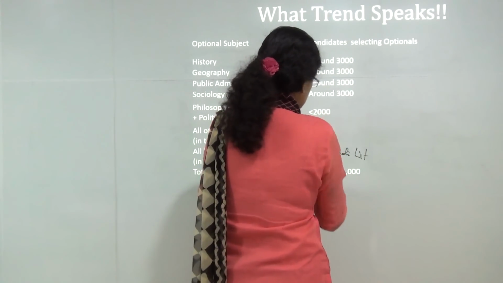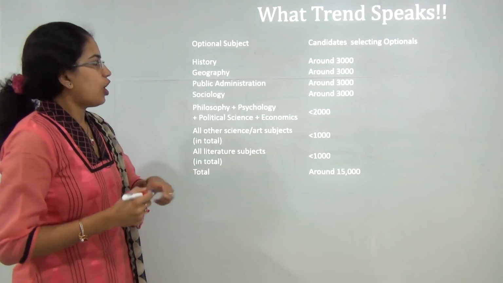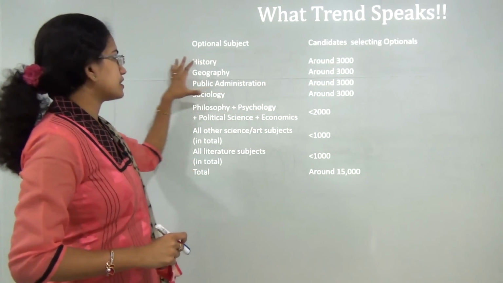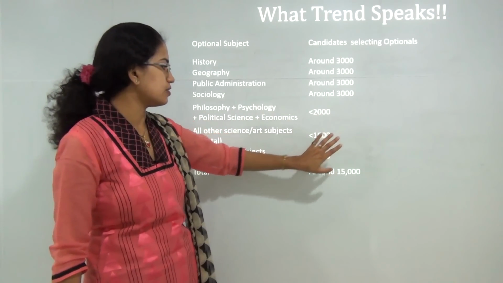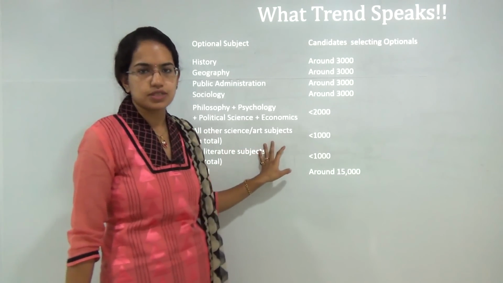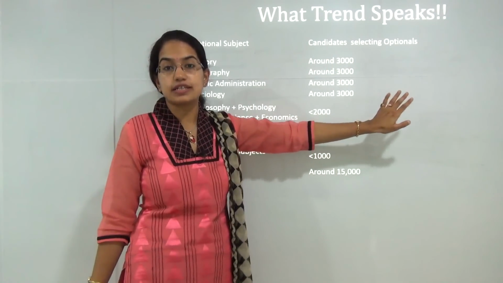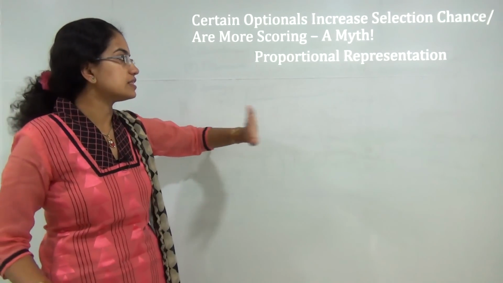If I take a study of, say, 15,000 candidates appearing for UPSC, of those nearly 12,000 will opt for history, geography, public administration or sociology, and the remaining 3,000 would opt for the remaining subjects, sciences and literature subjects. So this is what the trend says. But don't go by the trend, as I mentioned.